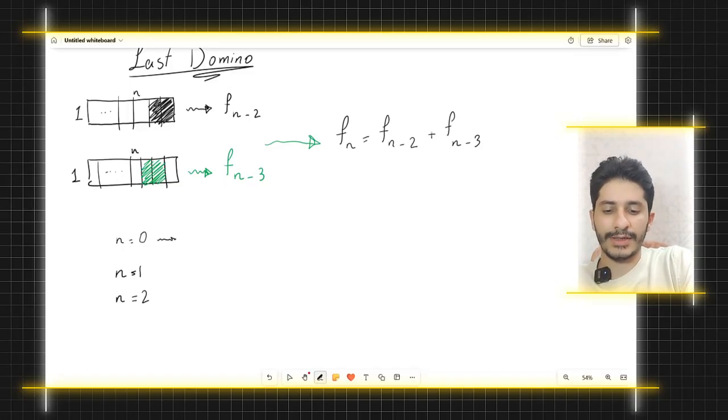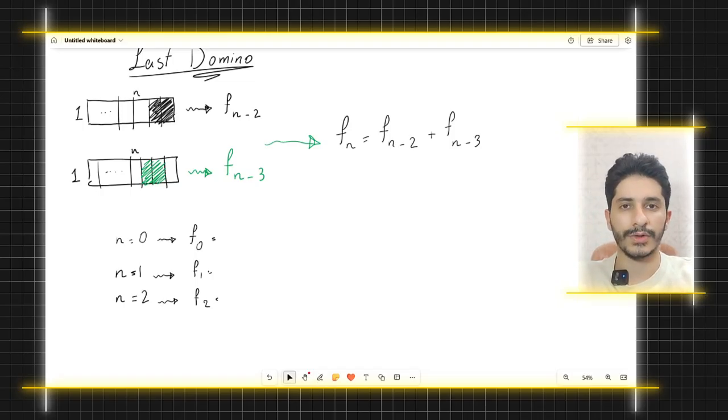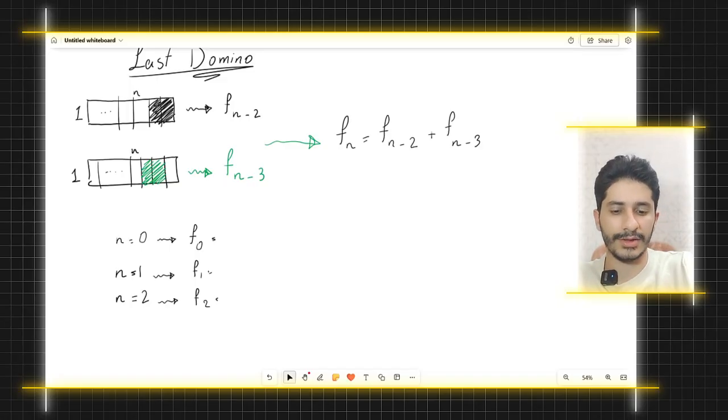When n is 0, what is the value of f of 0? f of 0 says in how many ways we can put dominoes such that they are non-overlapping, and also we shouldn't be able to put any other dominoes. A tape of 1 by 0 means an empty tape, so we cannot put any domino at all. So f of 0 is 1, and the only way is to do nothing.